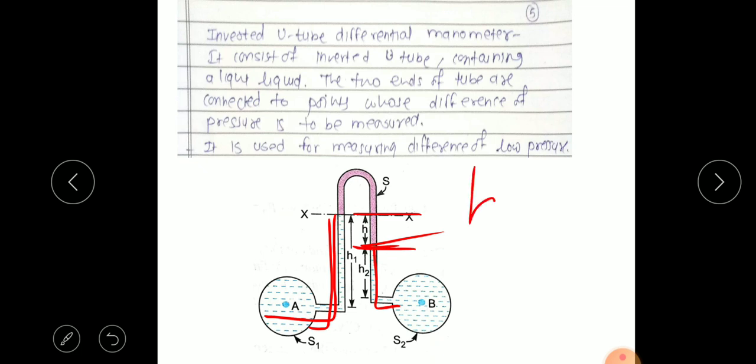So H, H1 and H2 are required. Again the density of fluid A, the density of the fluid in pipe B, and the density of the manometric fluid are required.